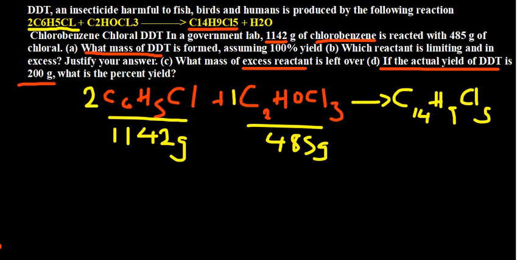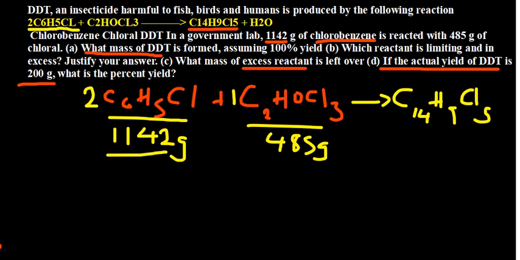The way to go about it is you can determine the number of moles of either the first one or the second one, whichever works best for you. Any of the two is okay. In this case, I'm going to determine the number of moles of this one.